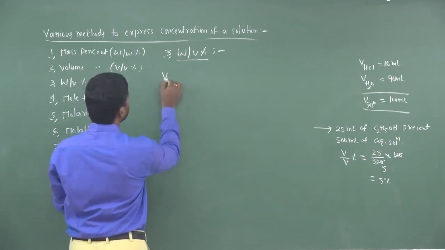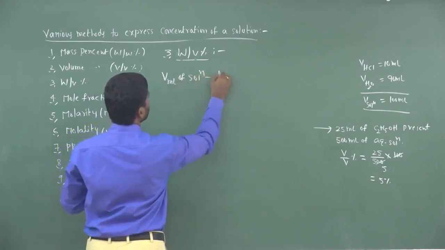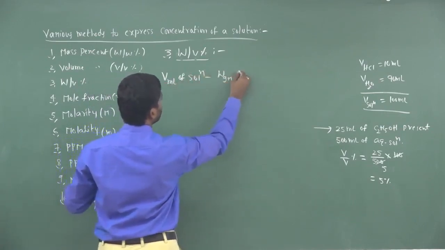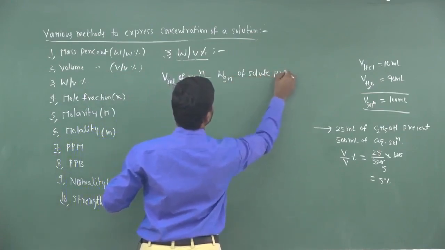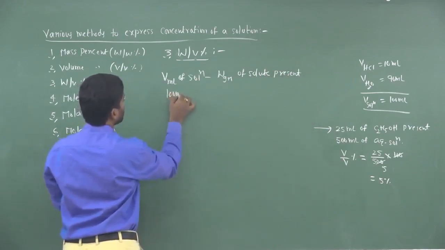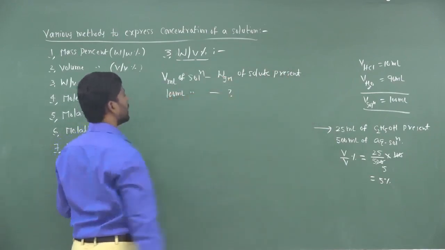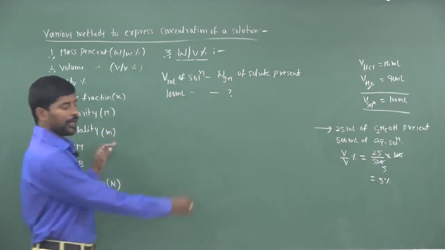Let us consider in V ml of solution, W grams of solute present. Now we have to calculate for how many ml of solution? 100 ml of solution. In 100 ml of solution, how many grams of solute present? That is called weight by volume percent.